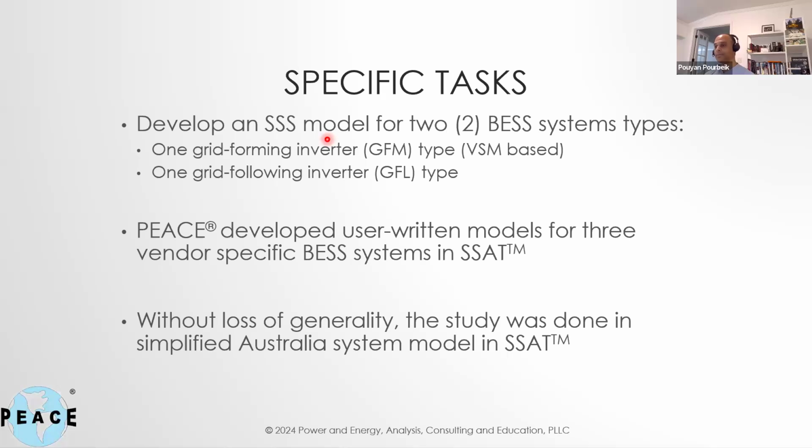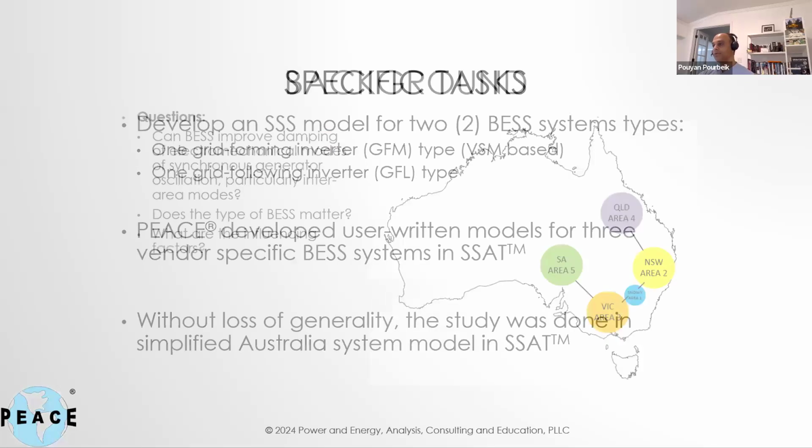Without loss of generality, we'll talk here about a simplified Australian model, but it's the same concept whether you apply it on a reduced order model or a large model. It's still the same thing. And when I say simplified, I don't mean that the models are simplified.